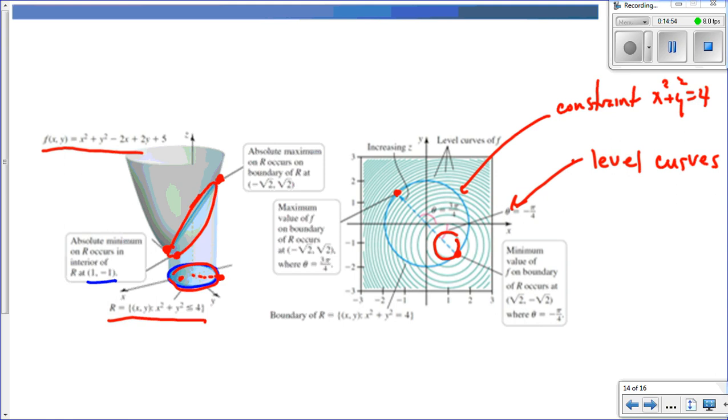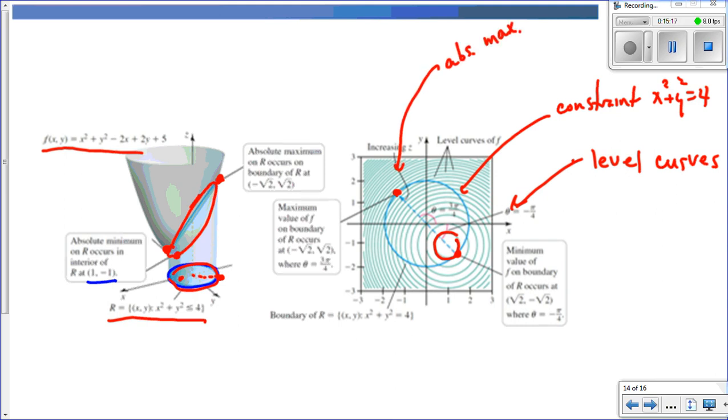That's the biggest z value that the constraint has, where the boundary of the region x squared plus y squared has a level curve. So this point here is where the constraint intersects the largest level curve, and that's where we have our absolute maximum.